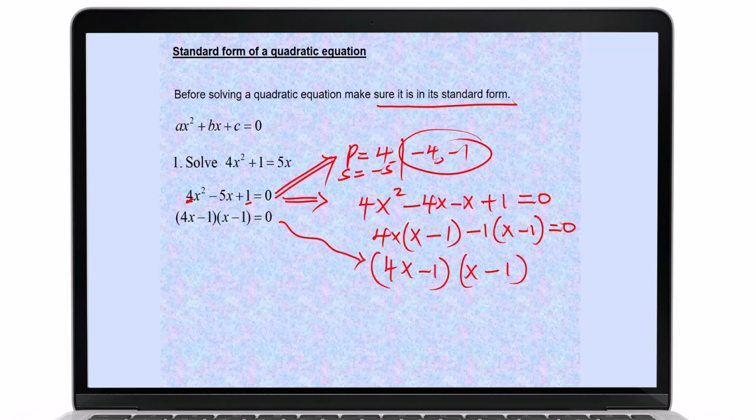Now you've seen how you arrive at that, and this one is equivalent to 0. So from there, you can proceed. You're getting the product of two numbers, that is 4x minus 1 and x minus 1 is equal to 0.